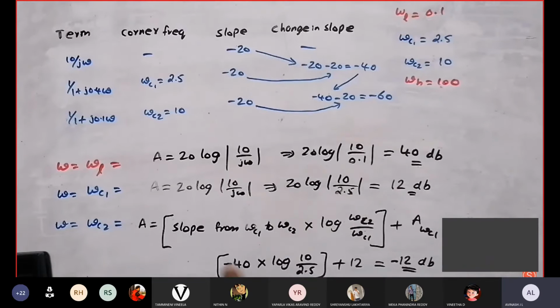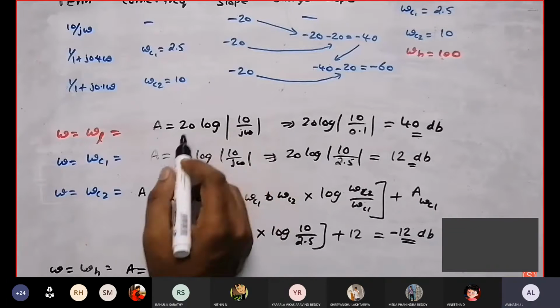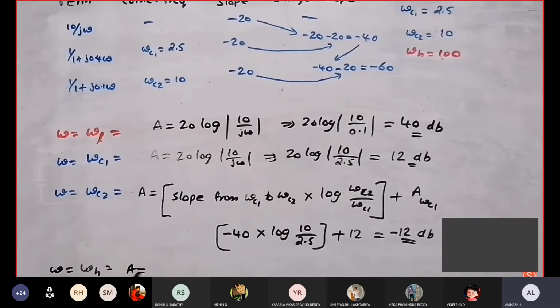Now for omega higher, we need to find the slope with the magnitude. When omega equals omega higher, the equation is the same. Only for the first two omegas, the equation is 20 log of the first term. For all other frequencies, the equation will be like this. So slope from where to where? From omega higher to the previous value, which is omega C2.